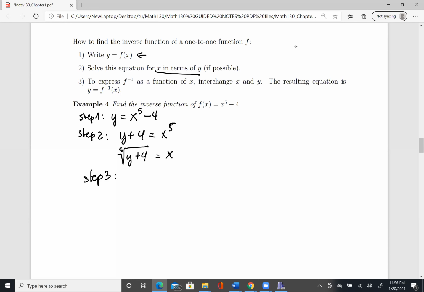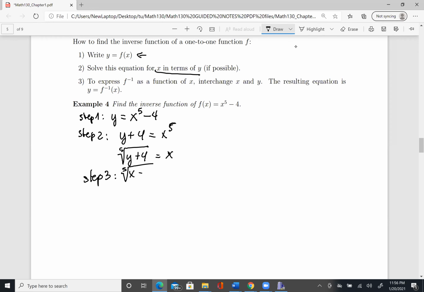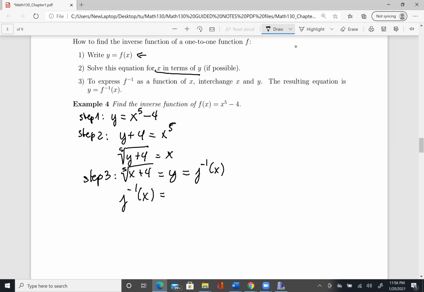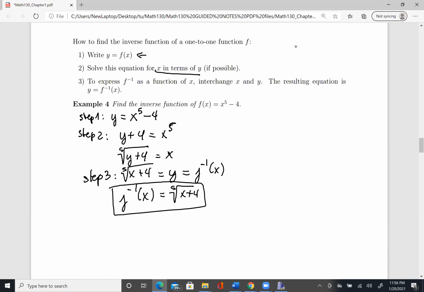So the fifth root of x plus 4 equals y, which is f inverse of x. One more time, f inverse of x will be equal to the fifth root of x plus 4. And I'm going to circle this because it is an answer.